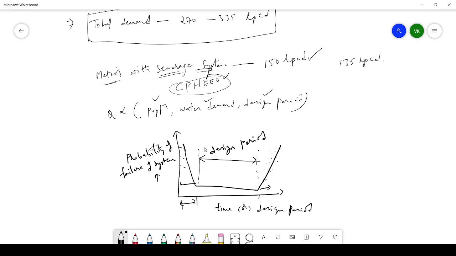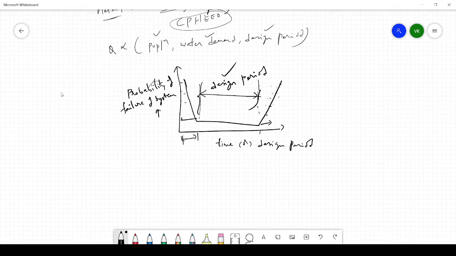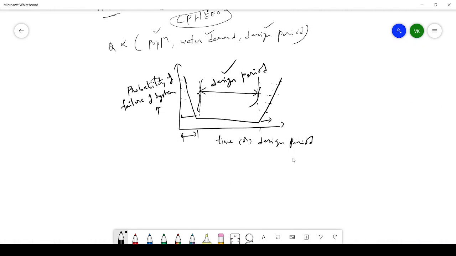You should take in between these two, so that the probability of failure is minimum. This is a flat line parallel to the x-axis. Right, so let's see the design period for different components in the water supply system.